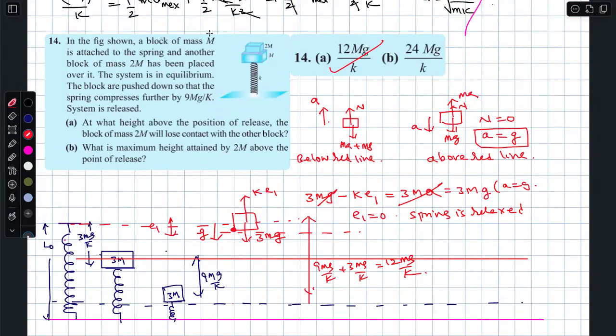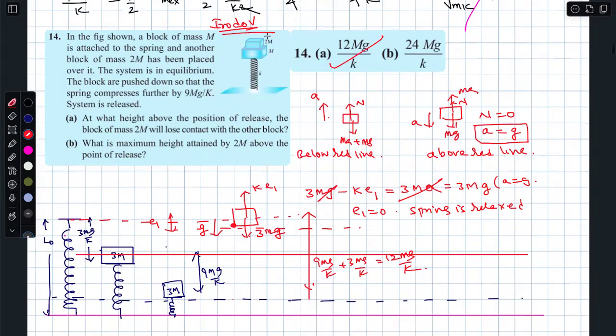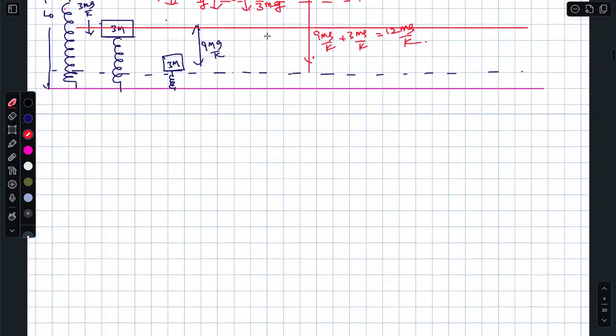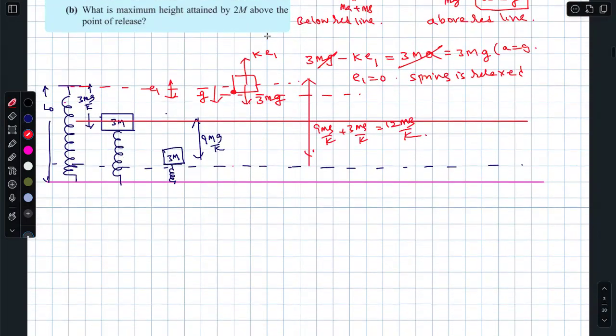This is an Irodov question also. There is a question in Irodov like this. I am proceeding further.